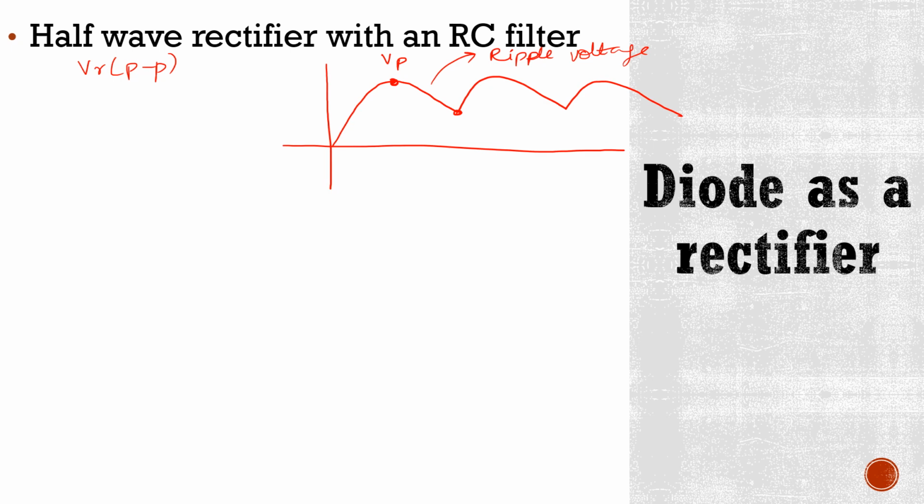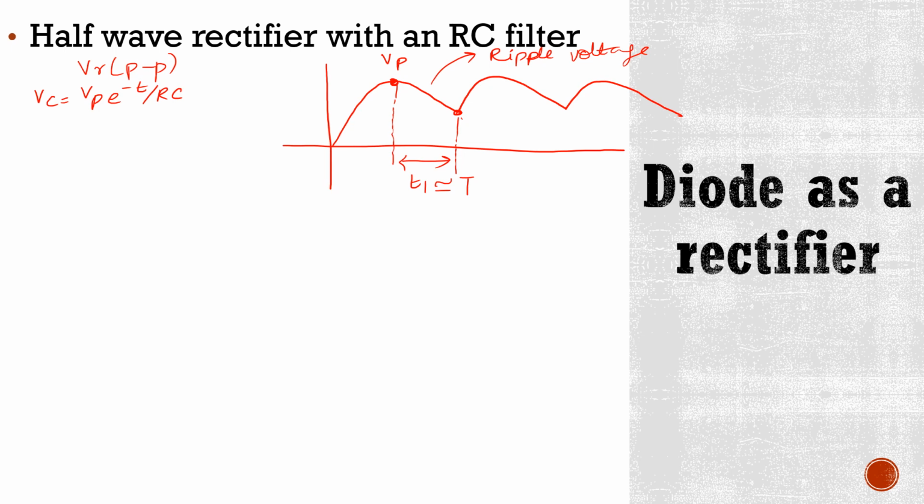During discharging, the voltage across capacitor is given by the equation Vc is equal to Vp e raised to the power minus t divided by RC. Now suppose the time required by the capacitor to reach from maximum to minimum voltage is T1, which is approximately equal to capital T.